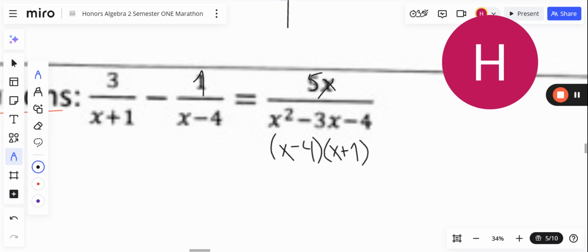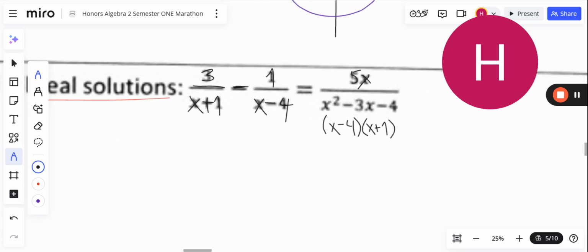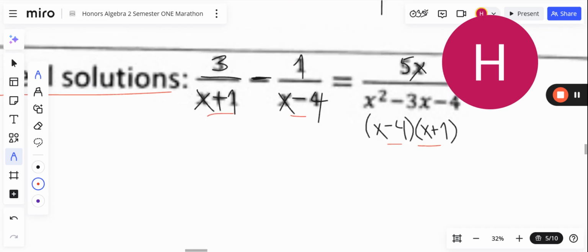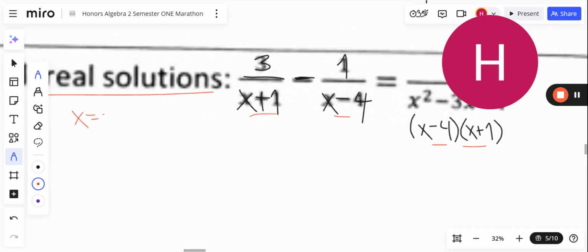This is a 1. This is x minus 4, being subtracted. And this is 3 over x plus 1. Okay, so I see that the restricted values are the same for these two factors as for these two. That's good. So x equals negative 1 is restricted, and positive 4 is restricted.